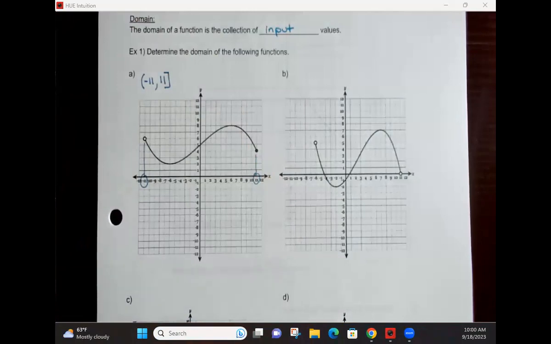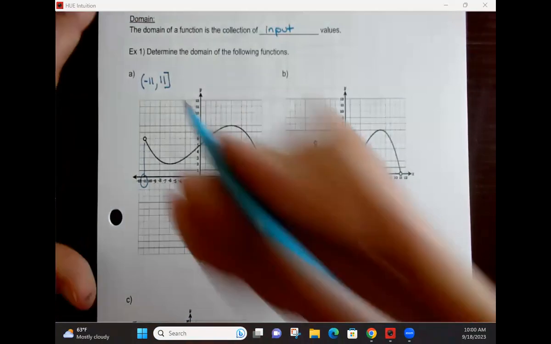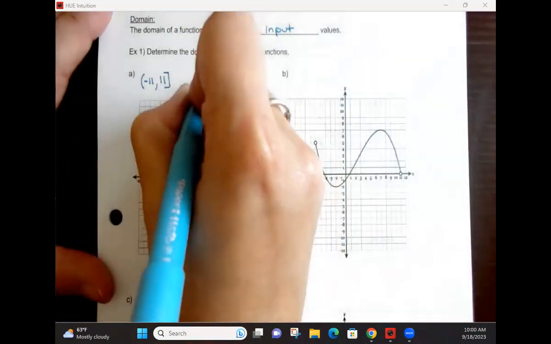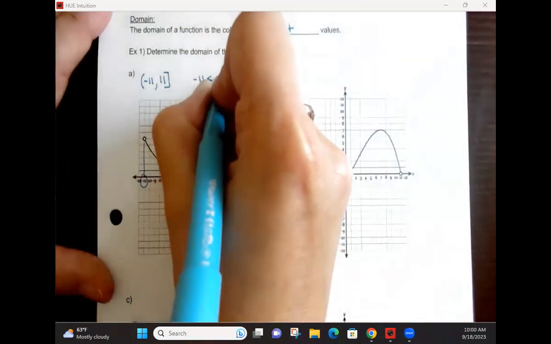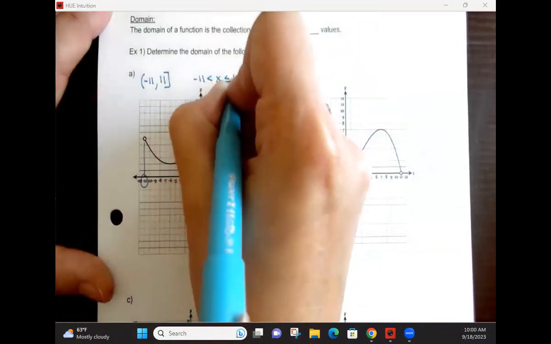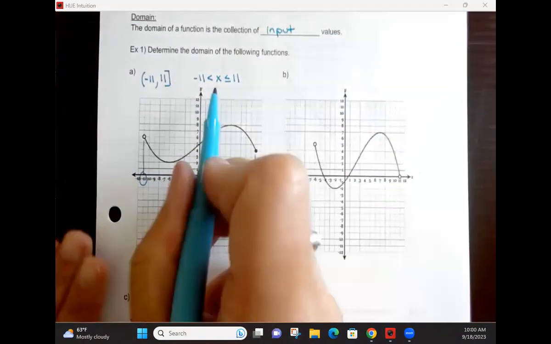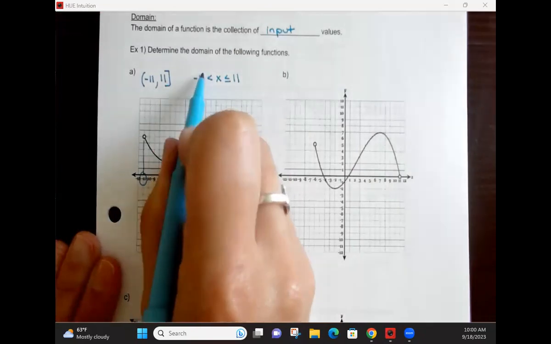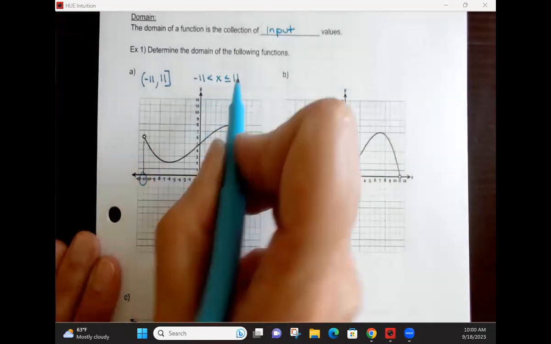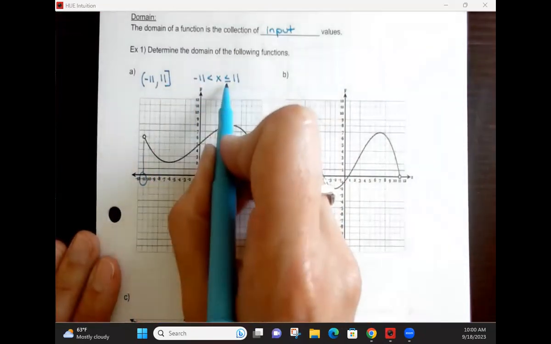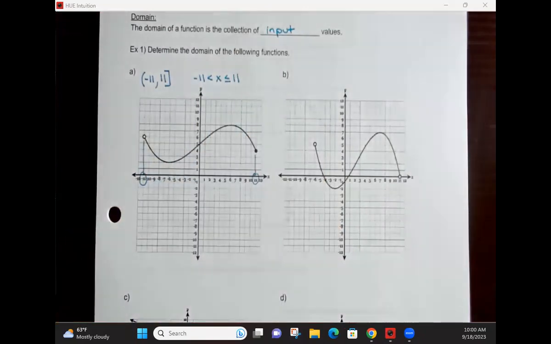The other notation that I'm going to use as we work through our domain problems in this unit looks more like an inequality. So I would say -11 is less than x is less than or equal to 11. Meaning my x values are between -11, but not including it, and +11, including +11, since I've got that or equal to sign there.